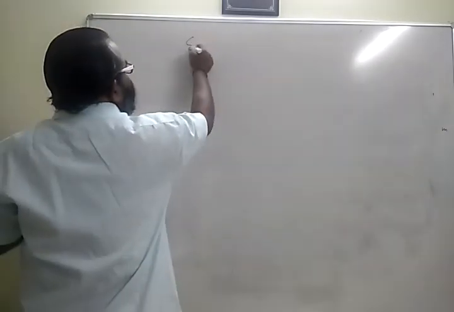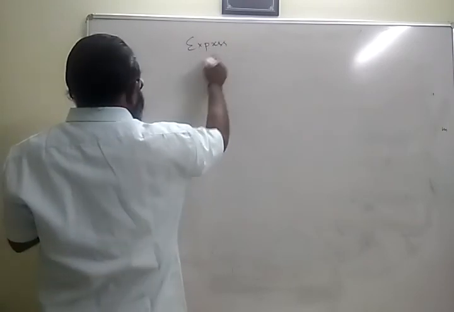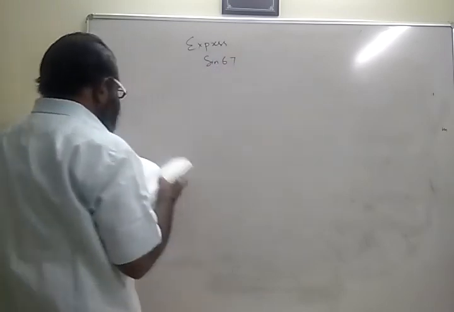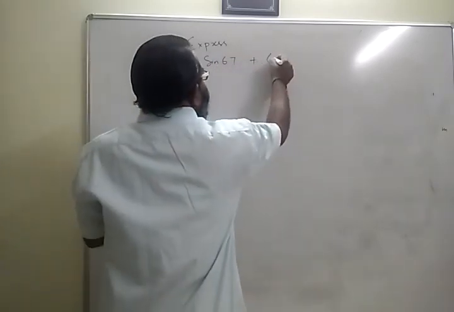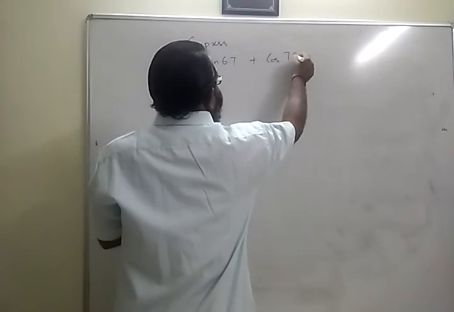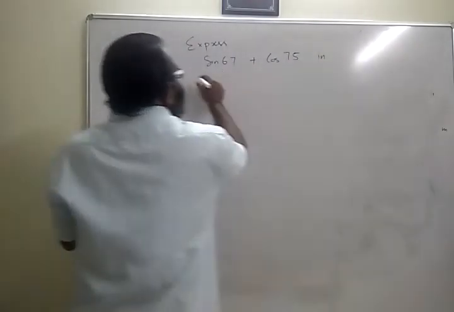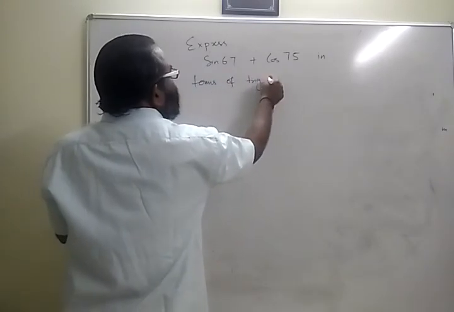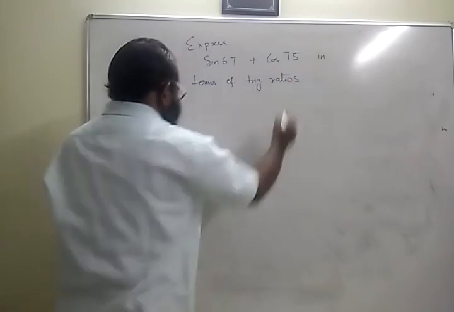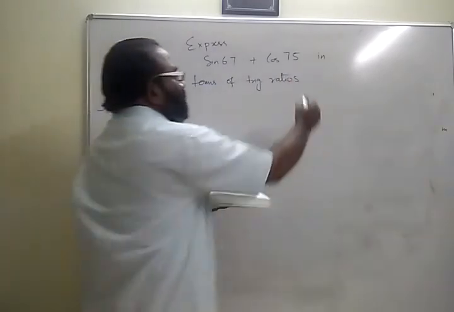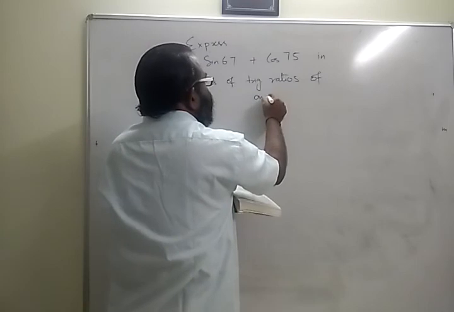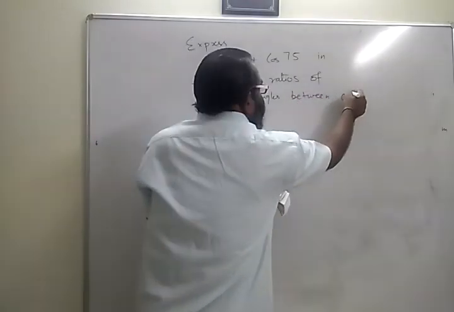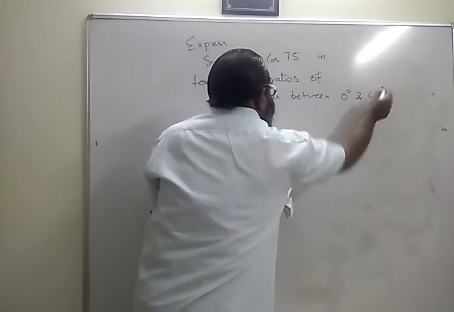It says express sine 67 plus cos 75 in terms of trigonometric ratios of angles between 0 degree and 45 degrees.